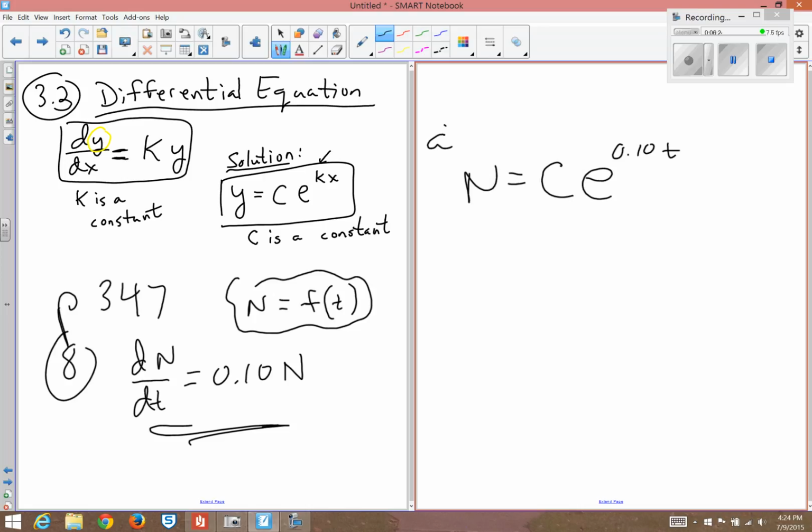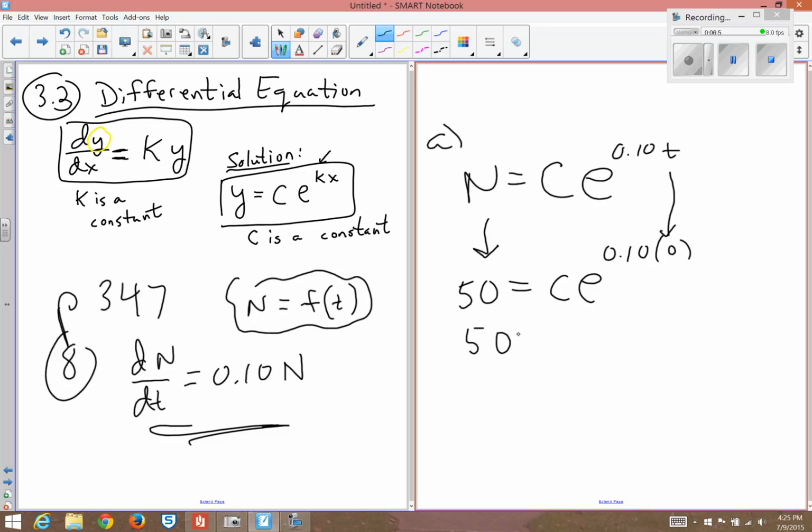Part A also says, besides find the function that satisfies this equation, assume that the number of franchises at t equals 0 is 50. The number of franchises is 50 when t is 0. So that's telling me to replace this t with 0 and the number of franchises with 50.